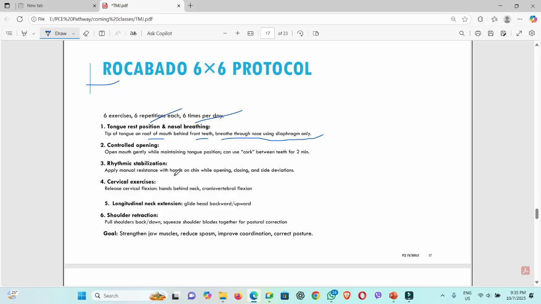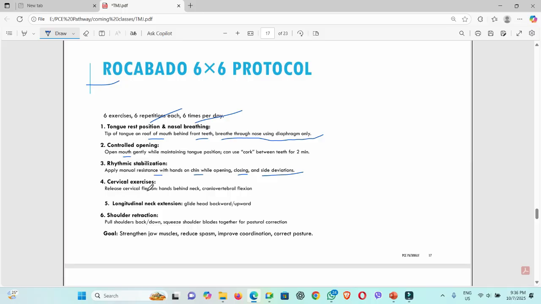Apply manual resistance with hands on chin while opening, closing, and side deviation, kind of isometric, right? The first one is all about the positioning of the tongue and breathing. Next is gentle opening. Once they open the mouth, isometric, right?